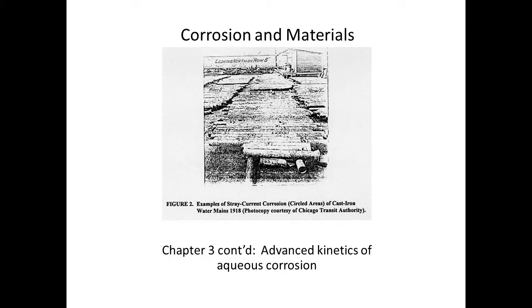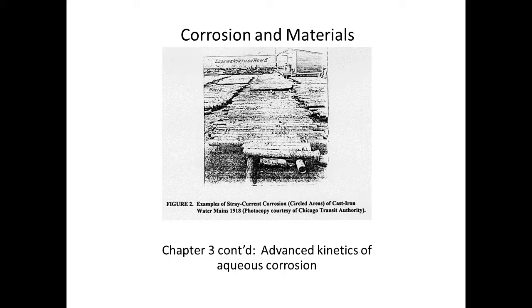Normally, we've looked so far at this happening because of spontaneous chemistry on the surface of the metal, but in this photograph from Chicago we have another reason why the cast iron water pipes can be made to be an anode. And that reason is an applied electric field, or it's called a stray current corrosion phenomenon, instead of spontaneous electrochemistry.